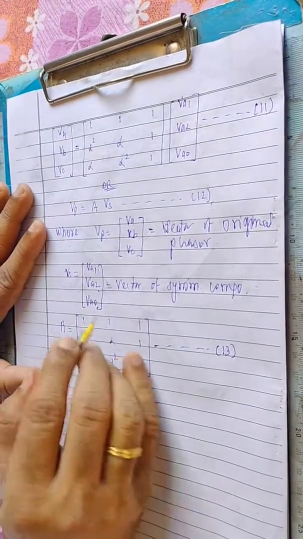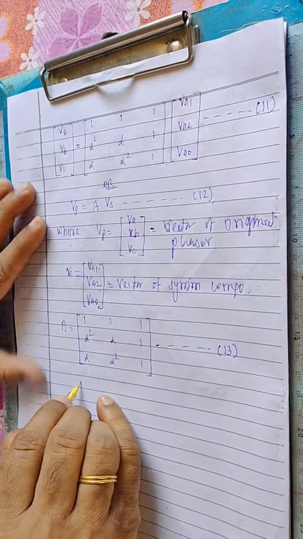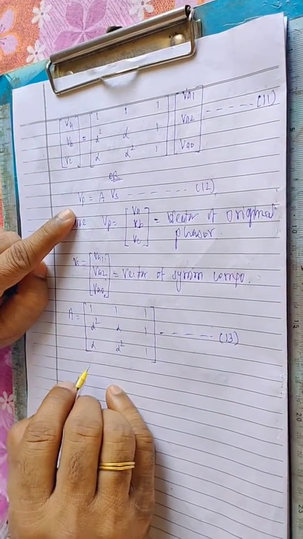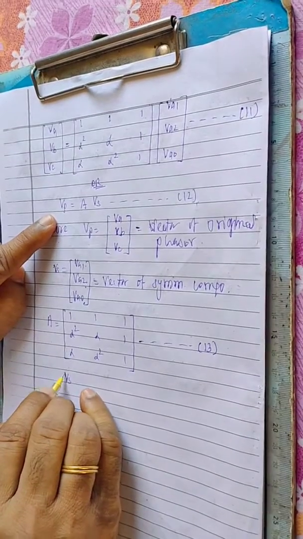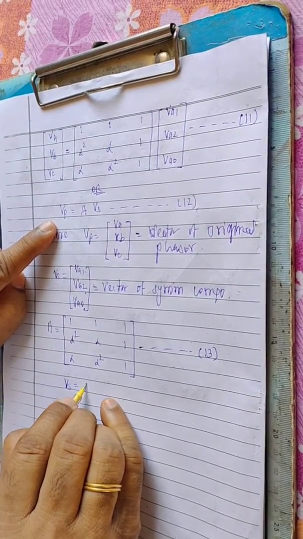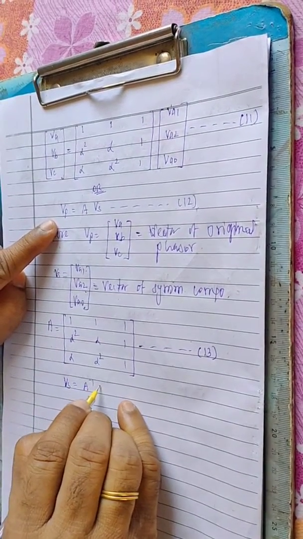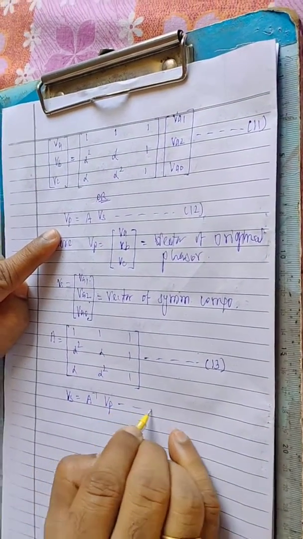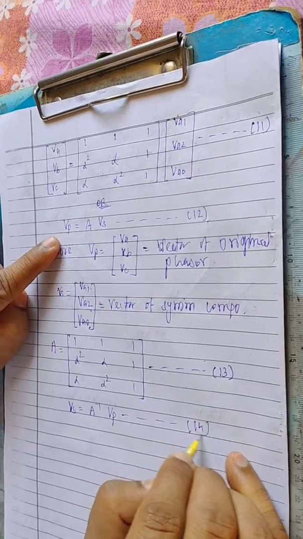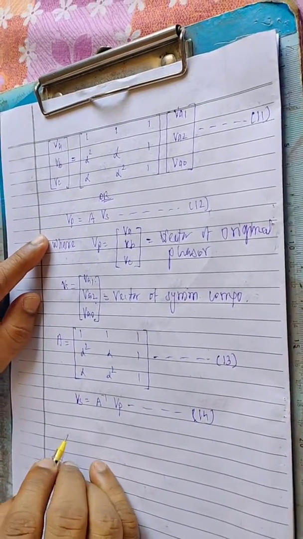From equation 12, we can write VS is equal to A inverse into VP. This is equation 14.